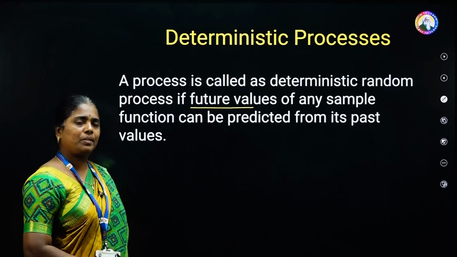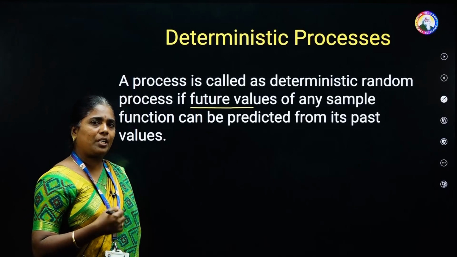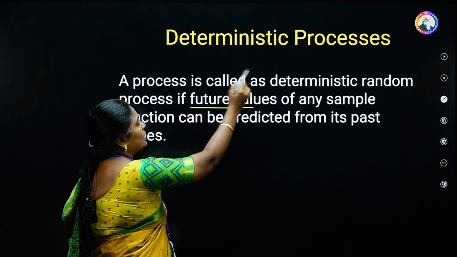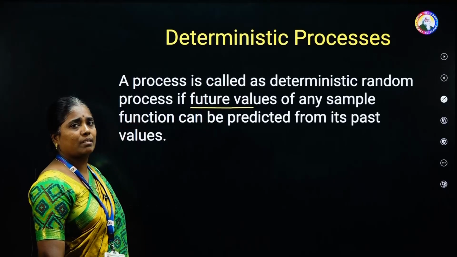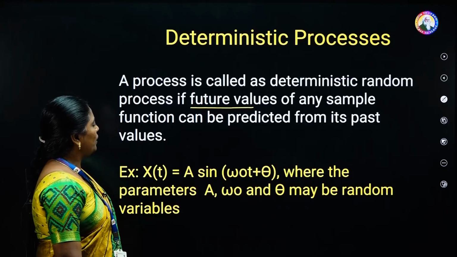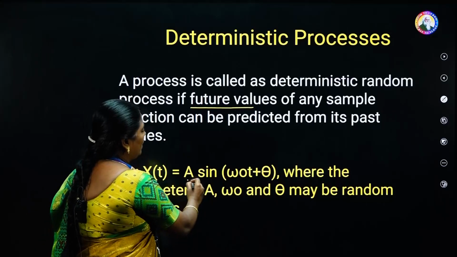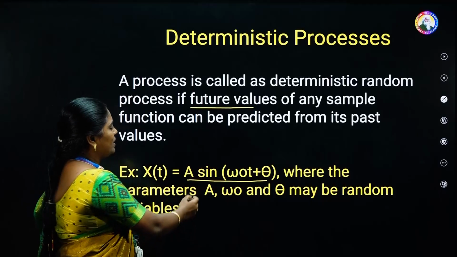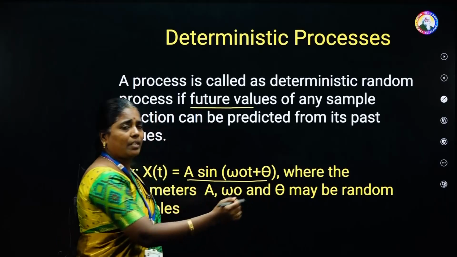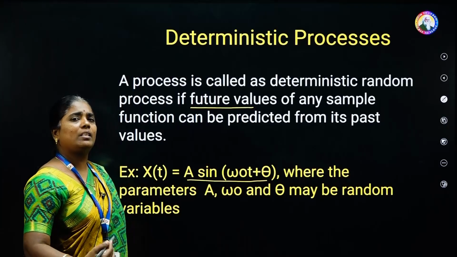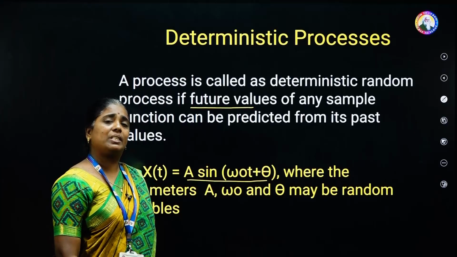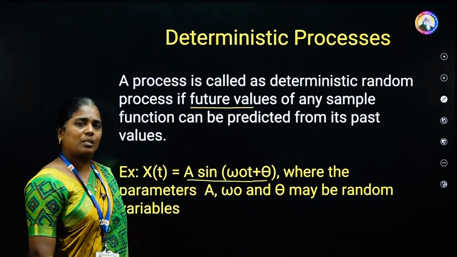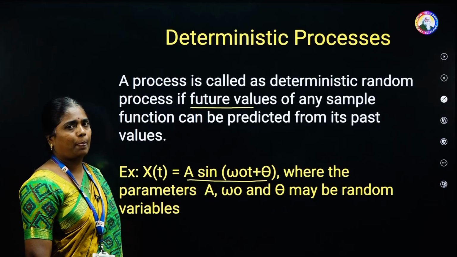Suppose if you know the past values and you are able to determine the future values, that is known as the deterministic random process. Let us consider an example: a sin omega naught t plus theta. Here the corresponding parameters a, omega naught, theta are the random variables, which we are able to determine based on the past values. Hence it is named the deterministic random process.